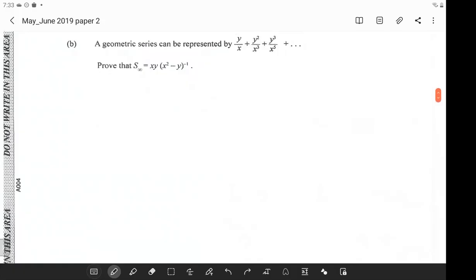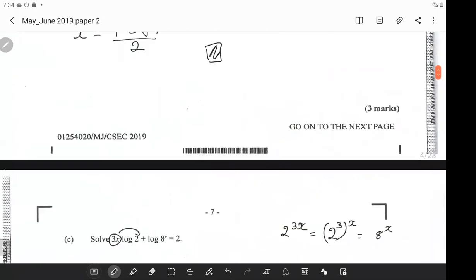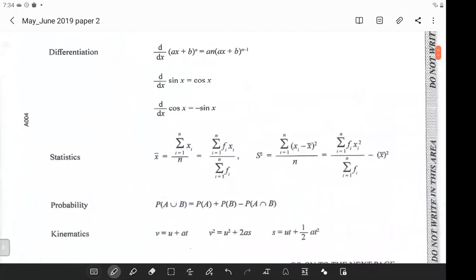So we could say, recall, the sum to infinity for a geometric series is equal to the first term over 1 minus the common ratio. Right, and I believe that is one of the formulae they give. So let's just verify that.